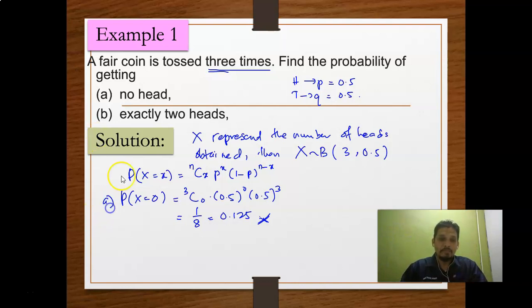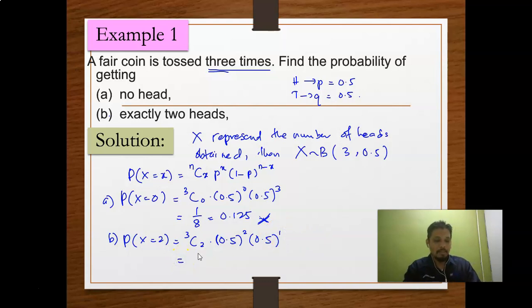Getting exactly 2 heads, probability of X equal to 2. Then it is 3C2 multiplied with 0.5 to the power of 2 and 0.5 to the power of 3 minus 2, equal to 1.